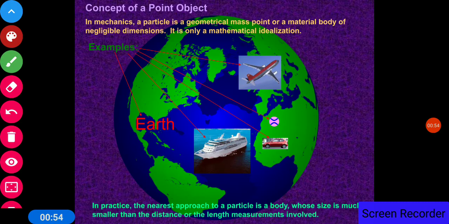In practice, the nearest approach to a particle is a body whose size is much smaller than the distance or the length measurement involved. So, any object can be taken as a point mass. When we are discussing astronomical objects, then Earth can be taken as a point mass.